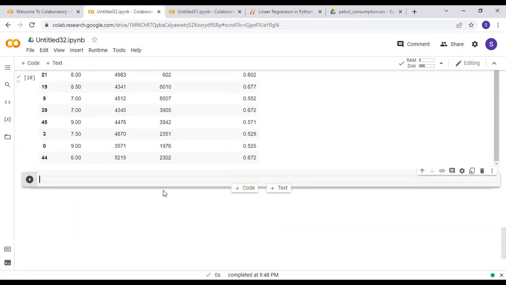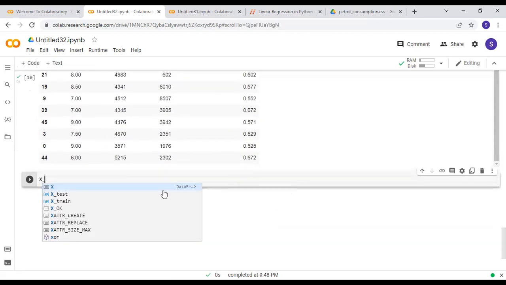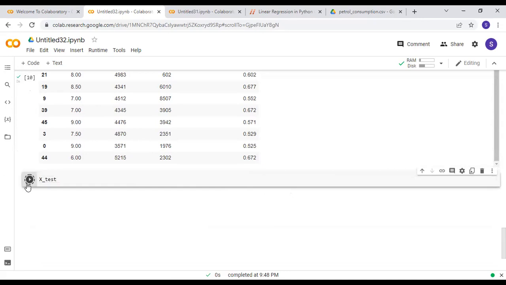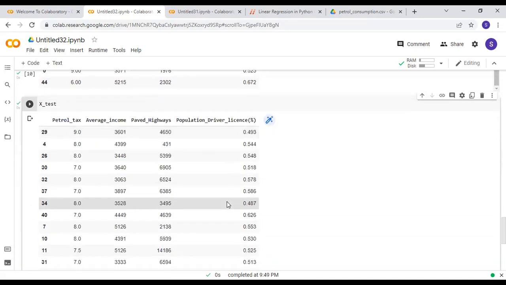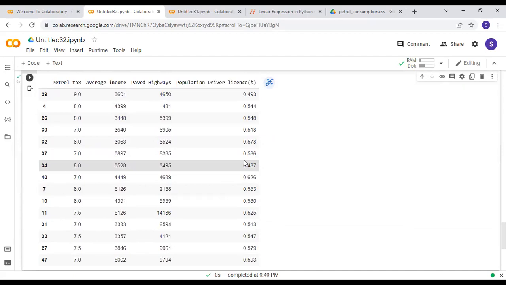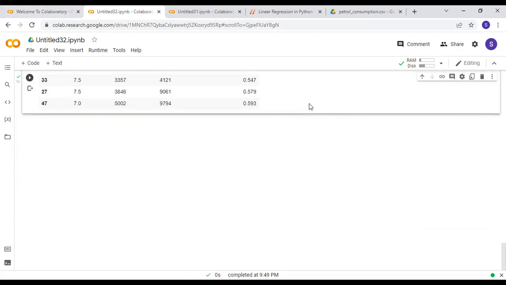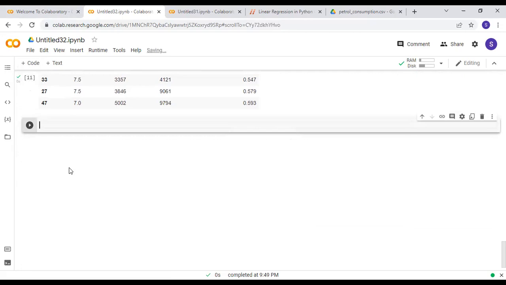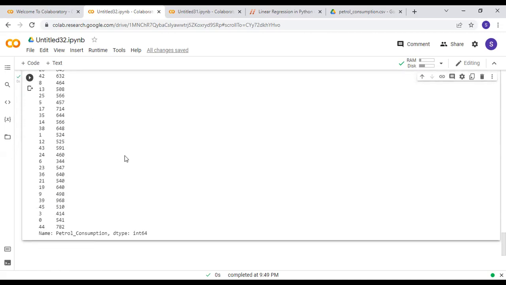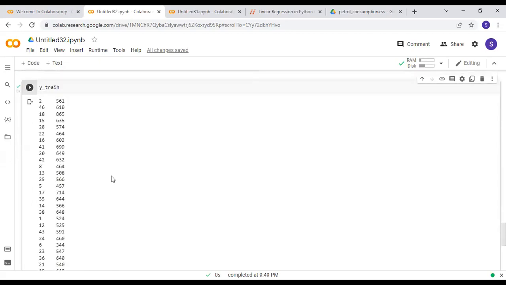And my test set is X_test. And then my y_train and the y_test.